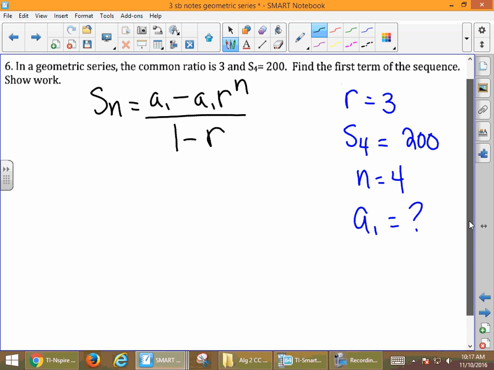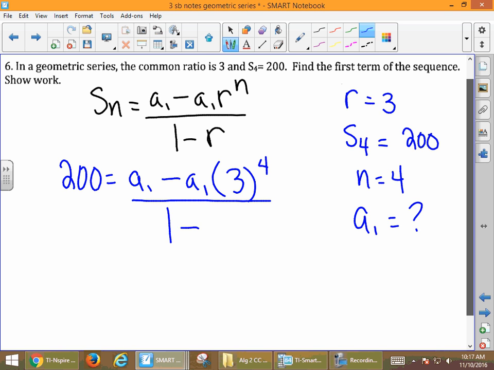But we're going to put our values back into the formula. And what we've got is 200 equals A sub 1 minus A sub 1 times r, which is 3, to the n, which is 4, divided by 1 minus r, which is 3.